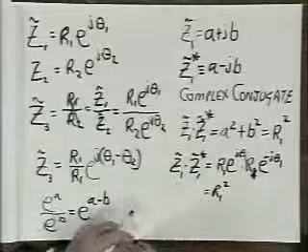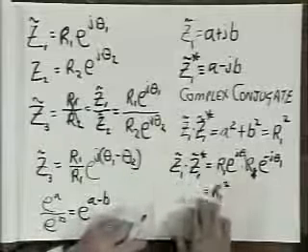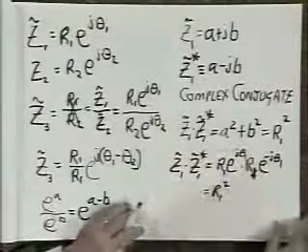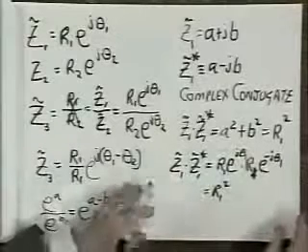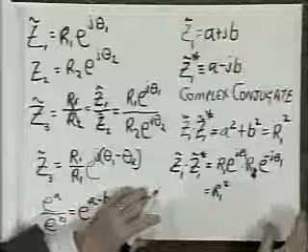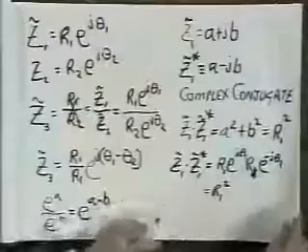Now, taking advantage of that property of complex conjugates, that if you multiply a complex number by its complex conjugate, you get a real number, I'll show you how to do division in rectangular form.